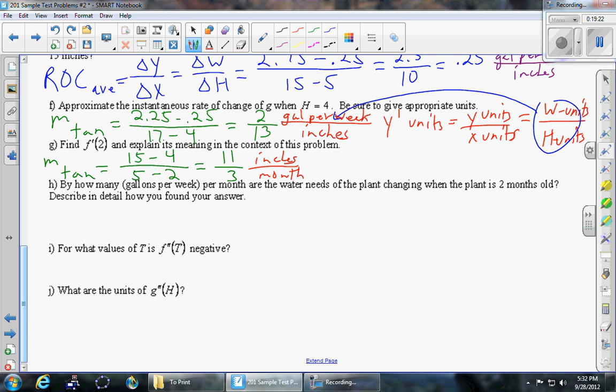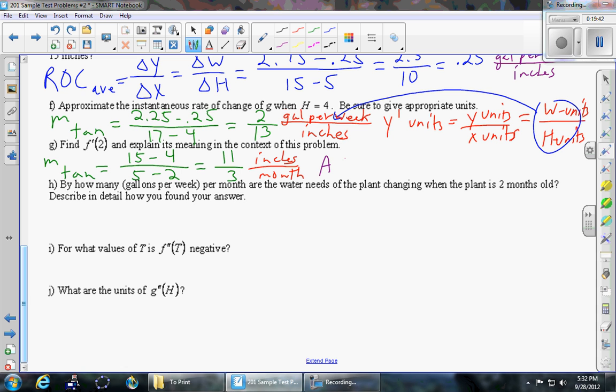Okay, so what's the sentence? I guess that means that at that moment in time, when the plant is 2 months old, the plant is growing at a rate of 11/3 inches per month. You could also say the height is increasing at 11/3 inches per month. So let's write a sentence, something like that.